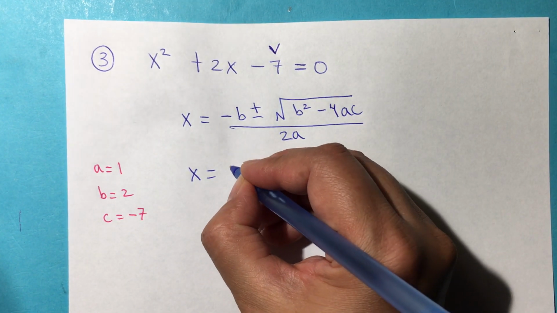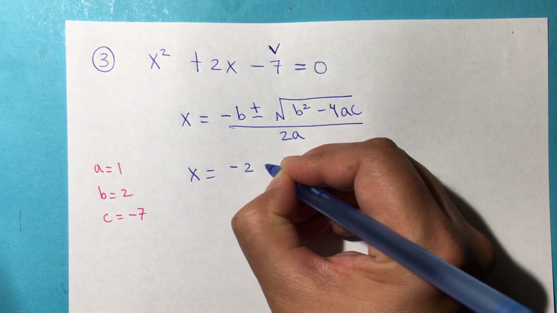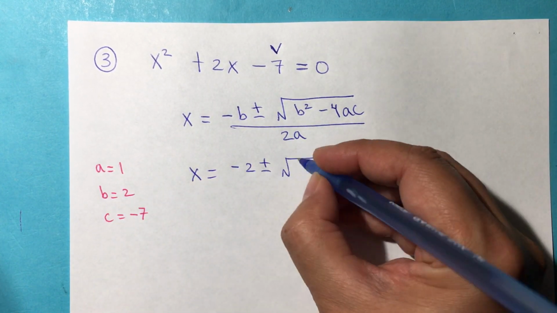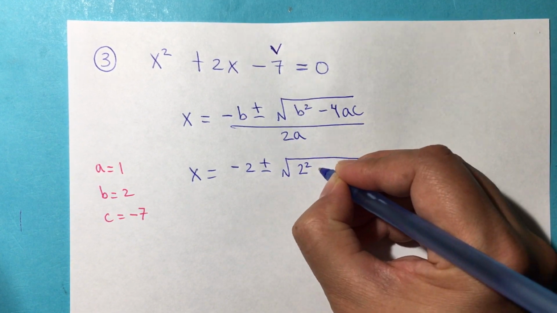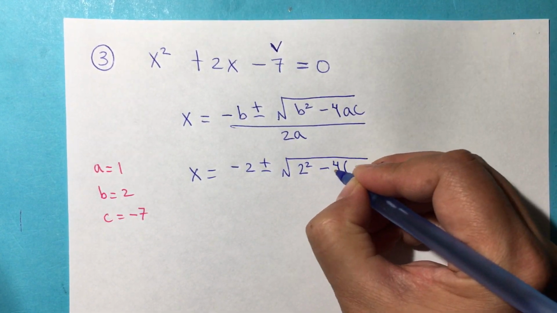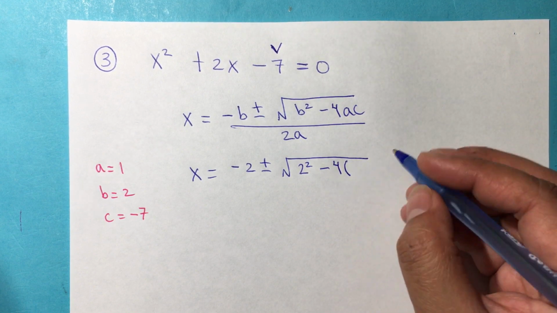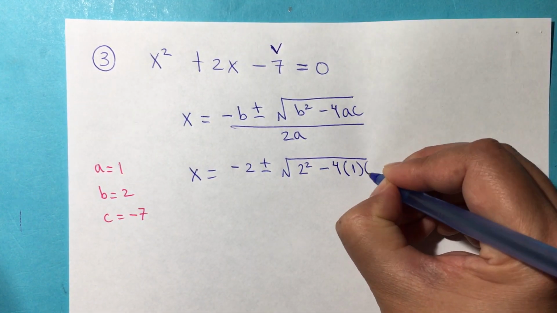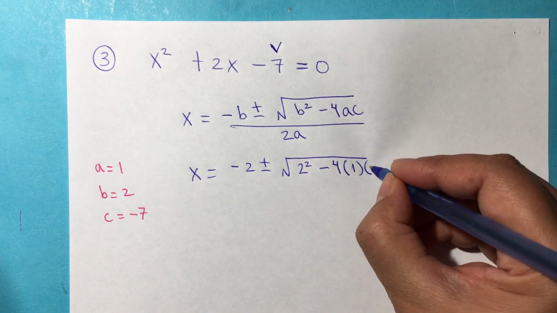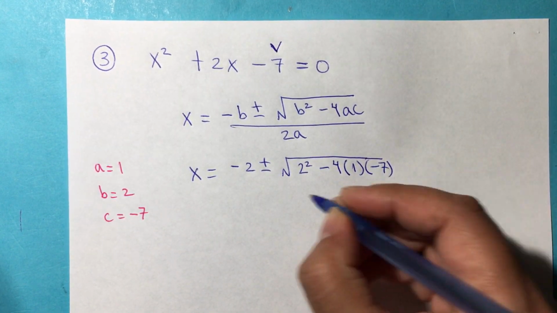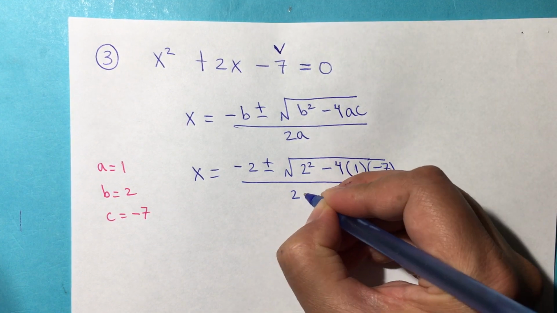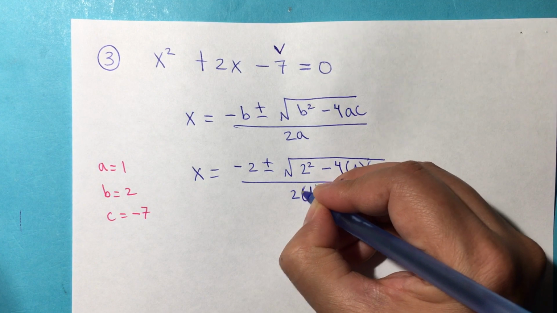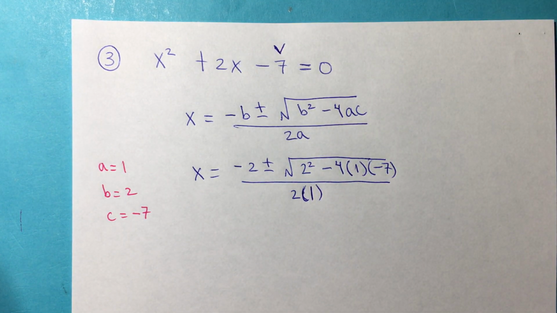And x is equals to negative b plus minus the square root of b squared minus 4, negative 4 is always part of the formula, okay? Negative 4 times a, which is 1, times c, which is negative 7, divided by 2 times a, which is 1, and you can put a dot or you can put a parenthesis.